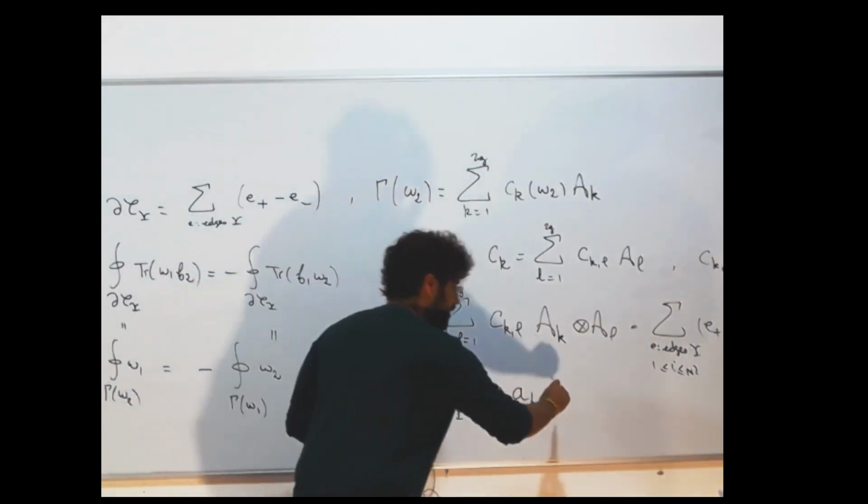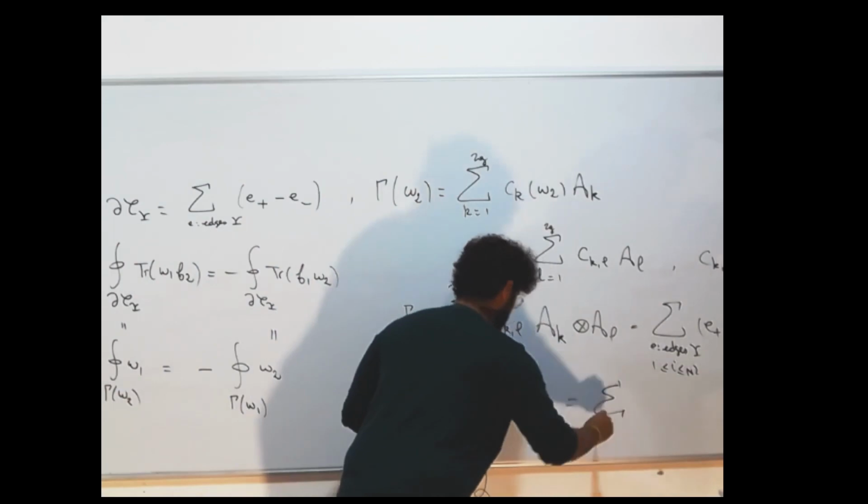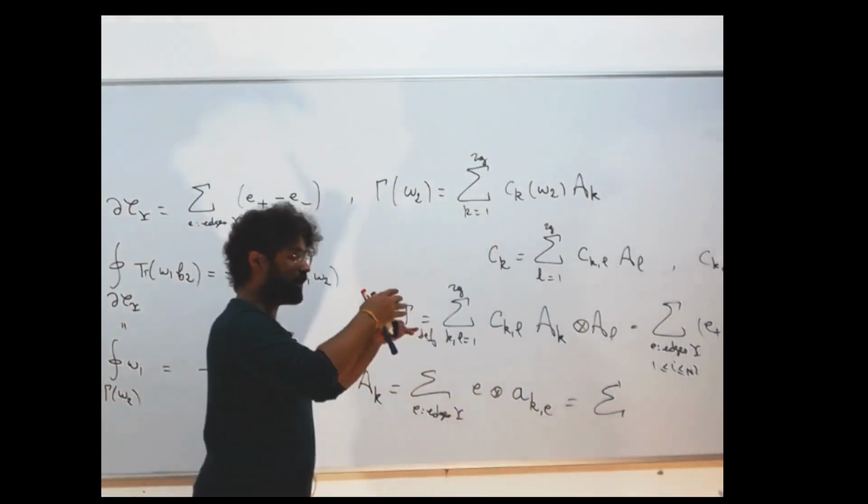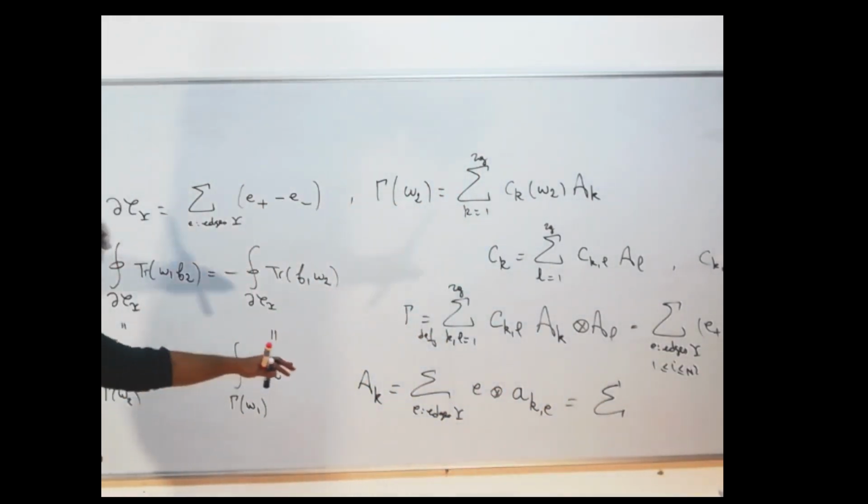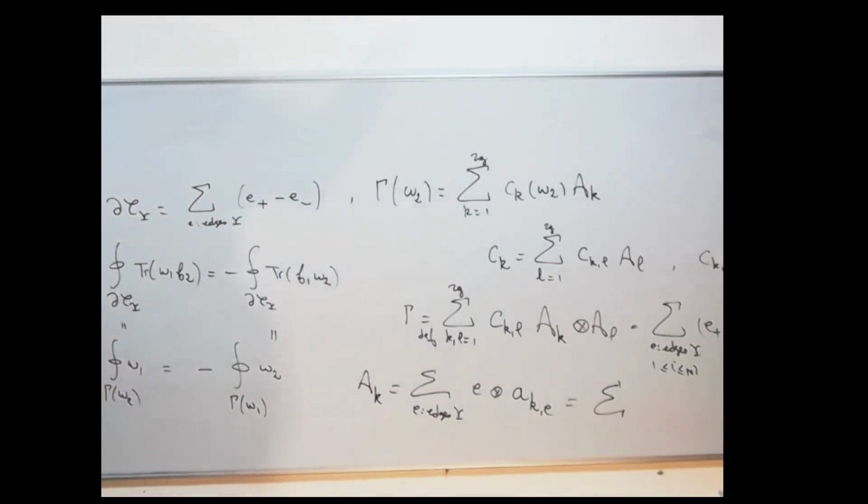Okay, but you can also homotopically deform them such that the chains on the base, instead of being along the edges of the graph, are along the edges of the dual graph. And the dual graph is made of these gamma E's here.